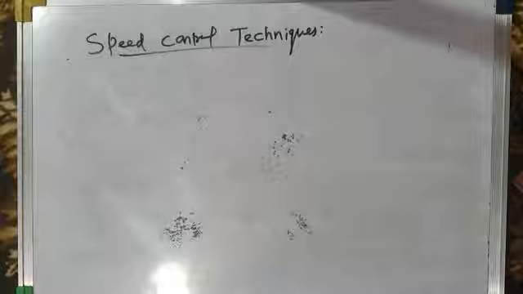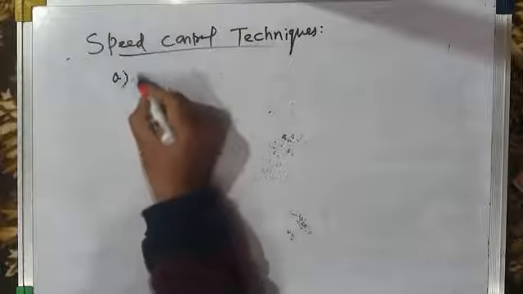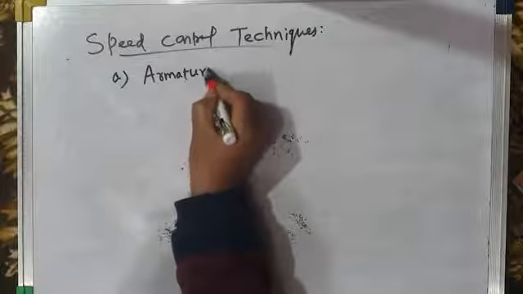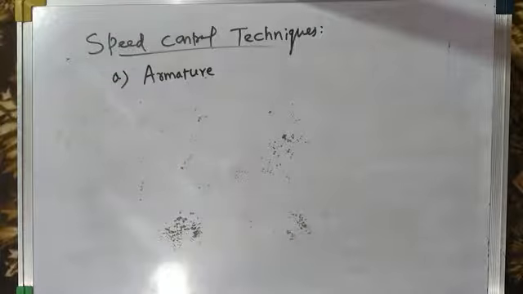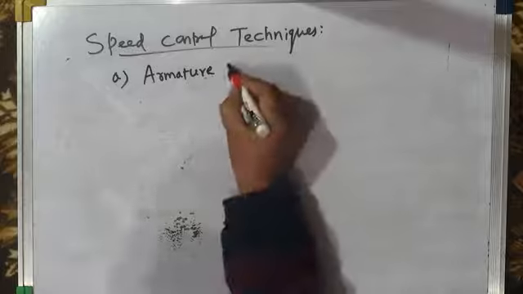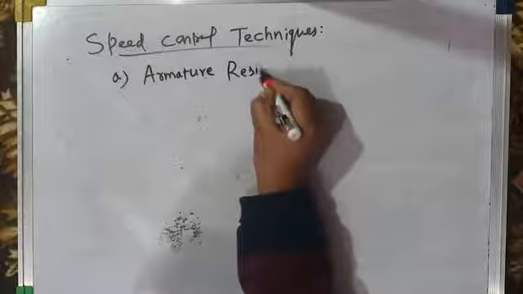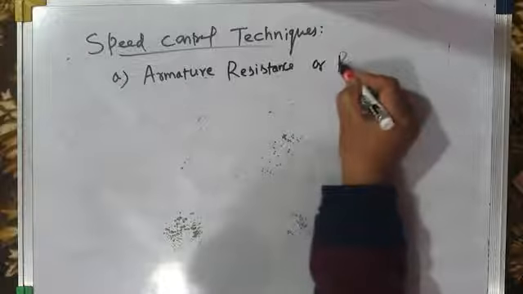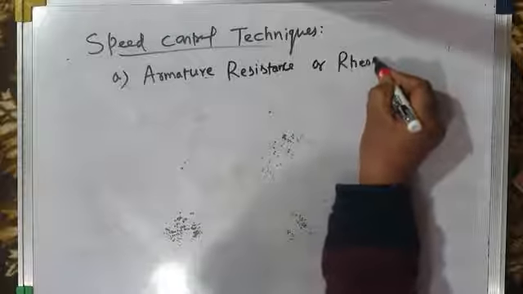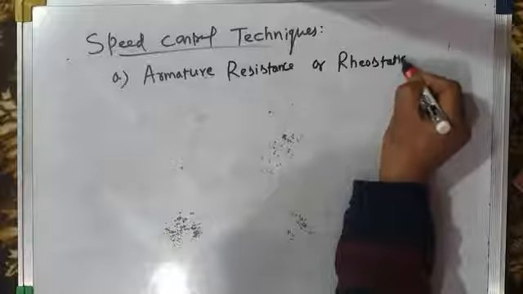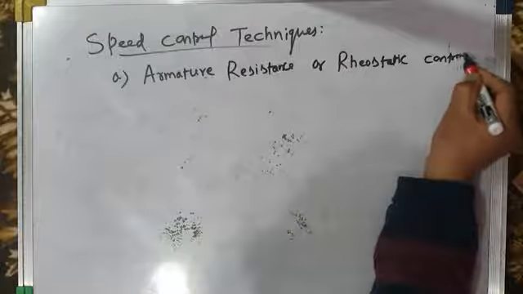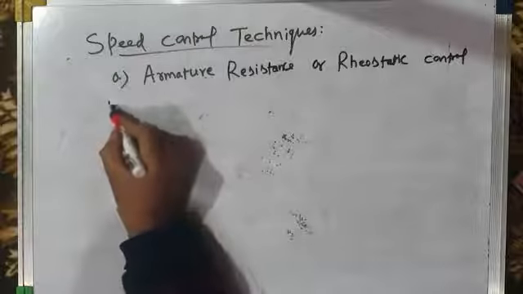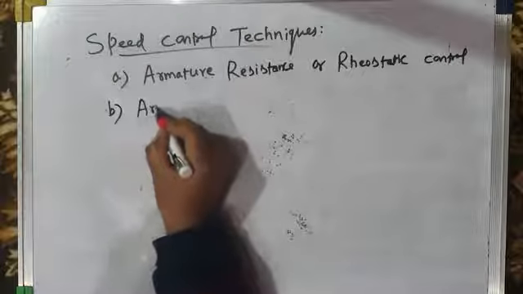There are different methods of speed control. I'm sure you have already studied speed control techniques of DC motors. First method is armature resistance control method, also called rheostatic control. This is the first and easiest method of speed control of DC motor. Second is armature voltage control method.